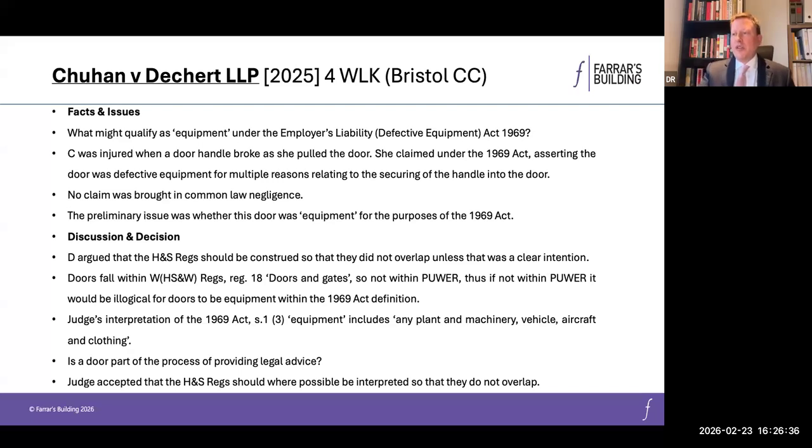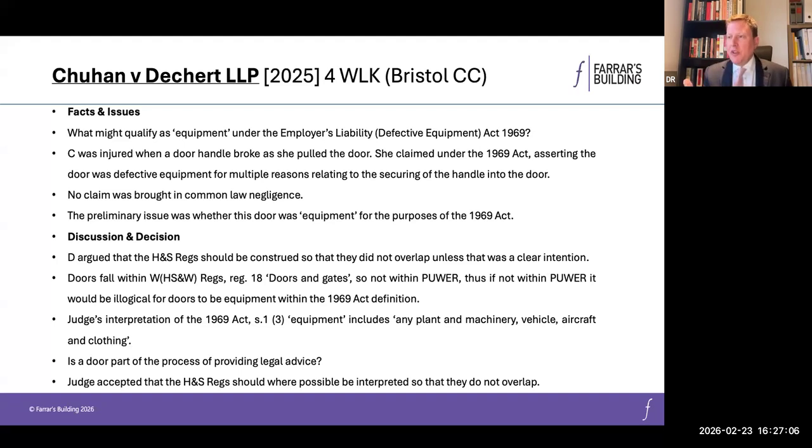So the claimant argued that the door was an article or a chattel that was provided by the employer in the course of its business, and therefore covered by the 1969 Act. The defendant's case was that such a door couldn't be equipment for the purposes of the statutory definition. And so effectively that question became the preliminary and ultimately determinative issue in the claim.